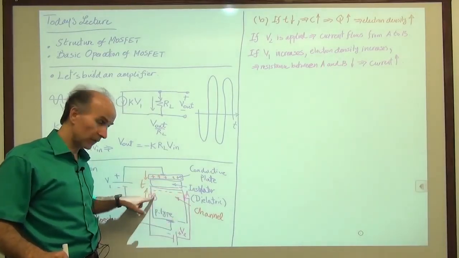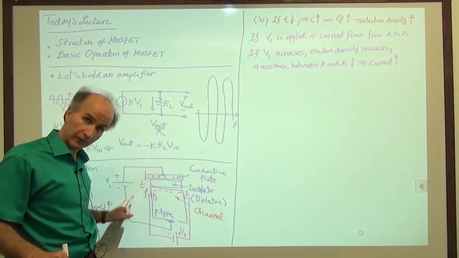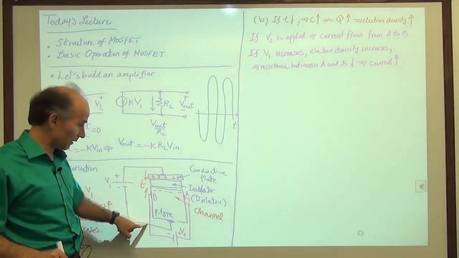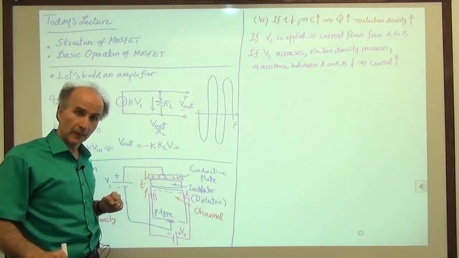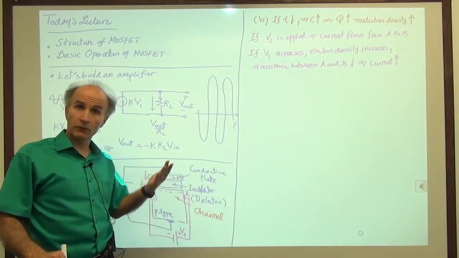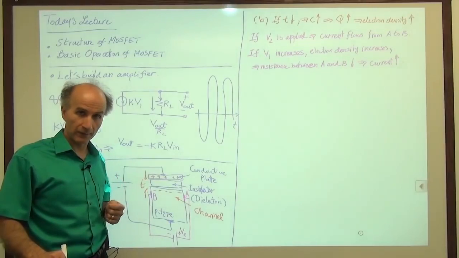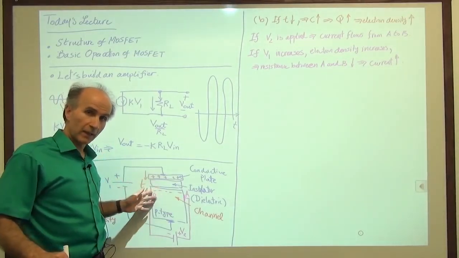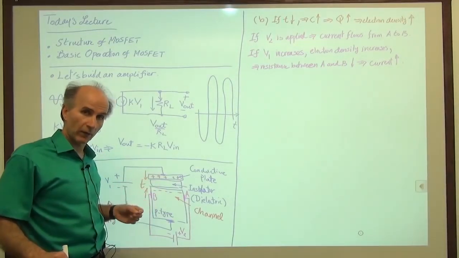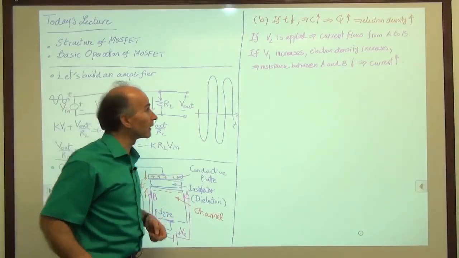There's a current flowing from here to here, and it depends on this voltage. There's a voltage between here and here, and there's a current between here and here. So maybe it's a voltage-dependent current source, and maybe we can use it to build amplifiers and many other functions. So that is the first step towards learning how a MOSFET operates.